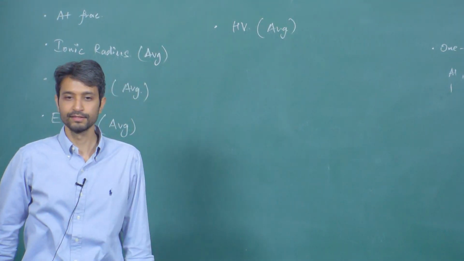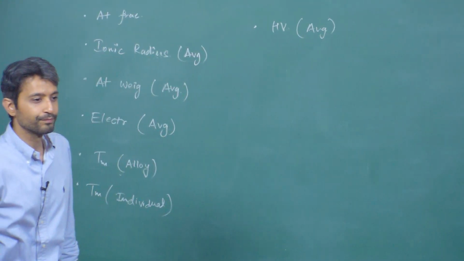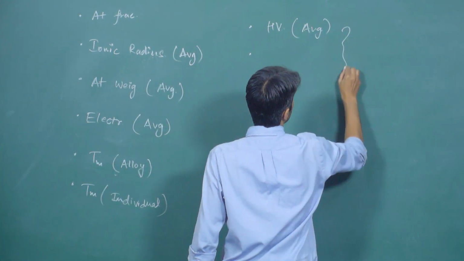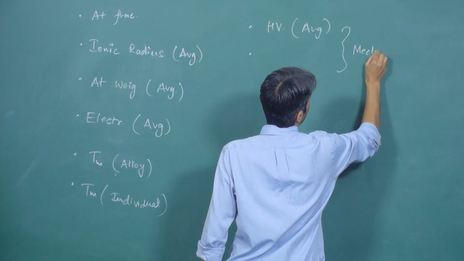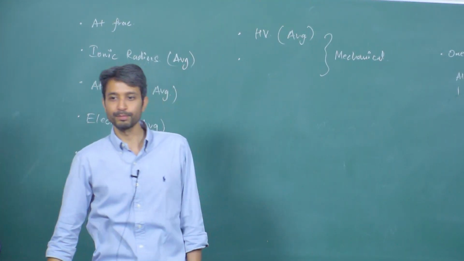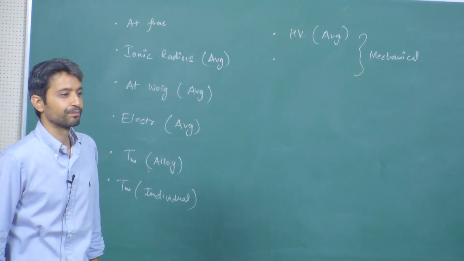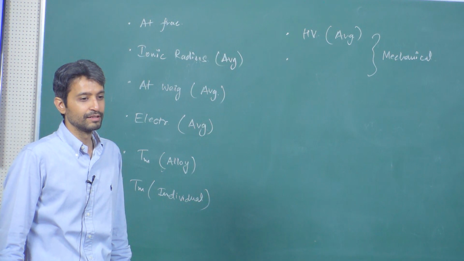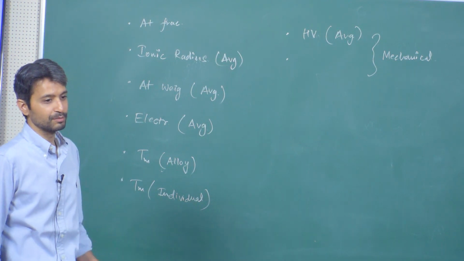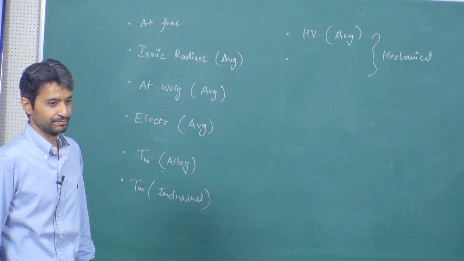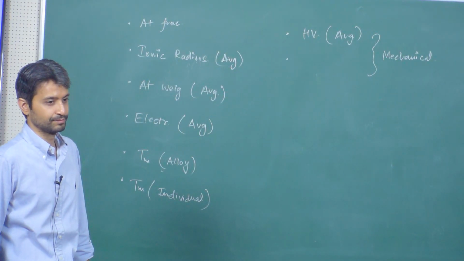Okay, what else? Young's modulus. So now what I'll do is I'll put all different types of mechanical properties. Thermodynamic transition between what to what? If this given alloy has any transition temperatures.